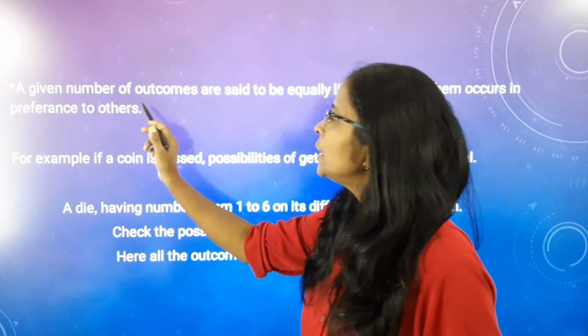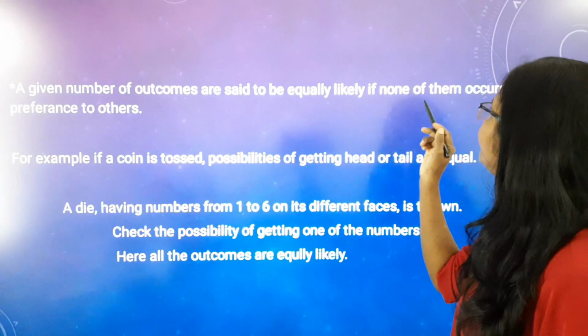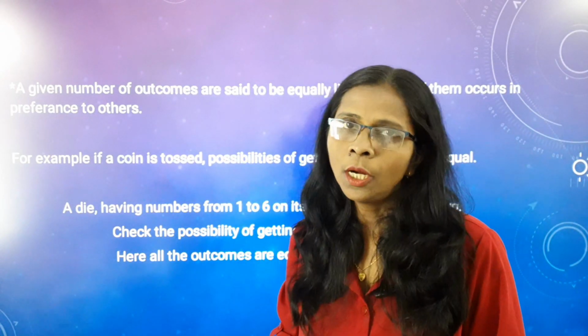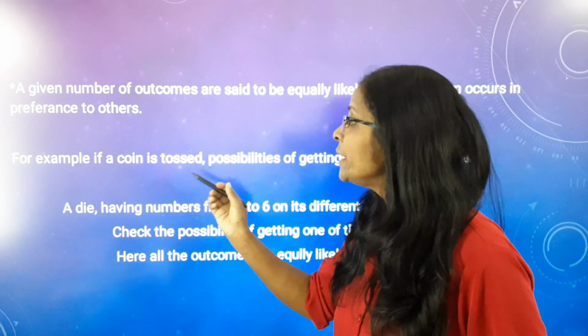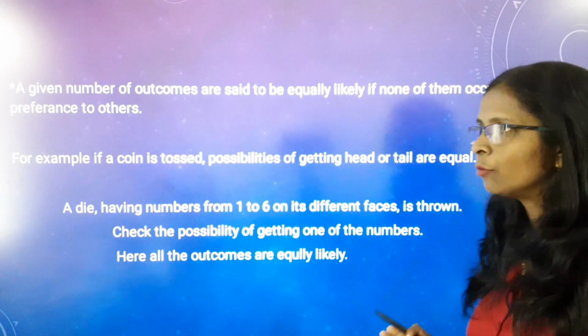A given number of outcomes are said to be equally likely if none of them occurs in preference to others. For example, if a coin is tossed, the possibilities of getting head or tail are equal.